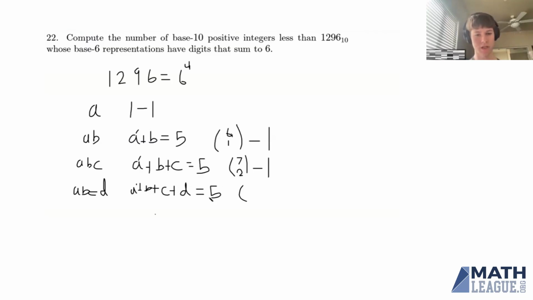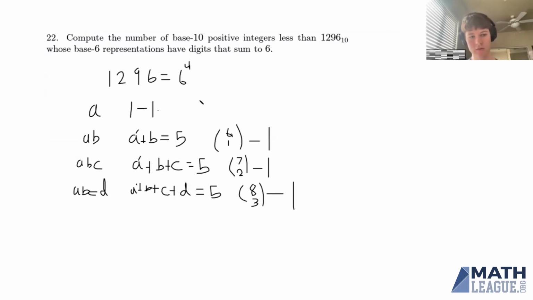So you have 5 stones and 3 dividers, so that's 8 choose 3. And we just have that one case where A prime can be 5, and in that case B, C, and D would be all 0. That would correspond to the number 6, 0, 0, 0, but we can't have that, so we just subtract 1.